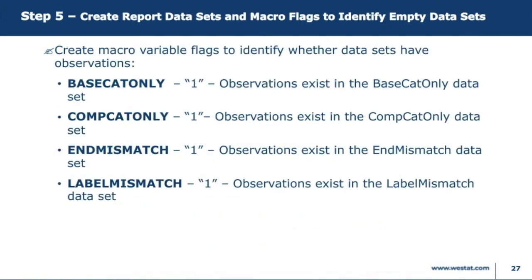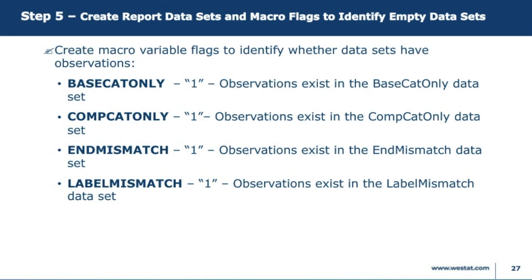So now we've done most of the heavy lifting. What we're going to do now is create a series of macro variables. And these macro variables are going to govern the reports that we eventually print. You don't want to end up trying to print a report out on an empty data set. And what this is going to do is determine if we have any mismatches in any of the mismatched data sets that we've created. So we're going to create macro variable flags: base cat only, comp cat only, end mismatch and label mismatch.